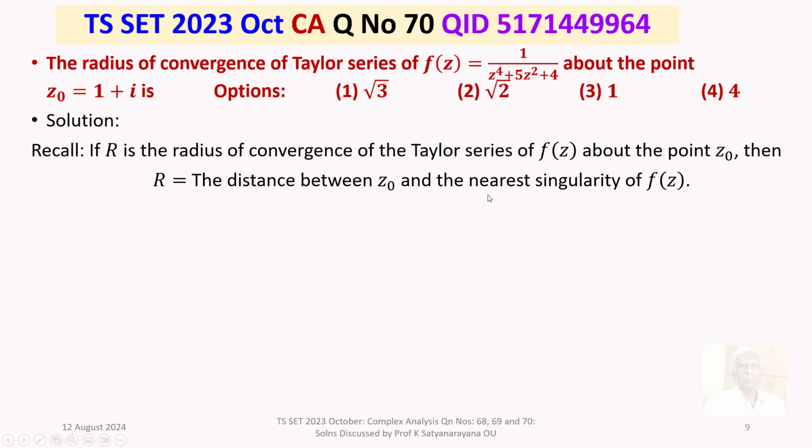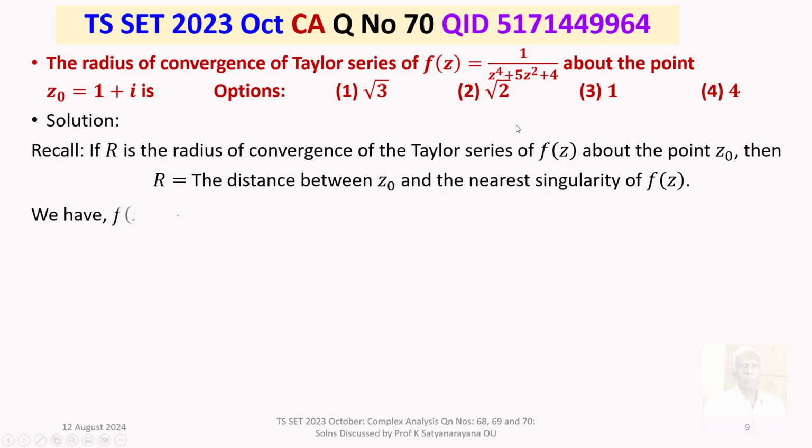That means catch hold of all the singularities of f of z and measure their distance from z0 to those singularities and find out the minimum. Nearest means minimum you have to find out. That will be capital R.